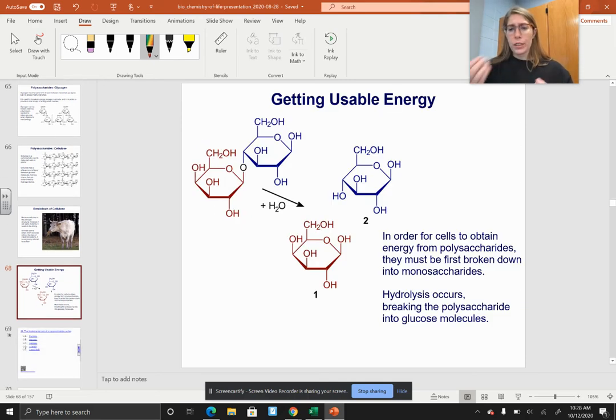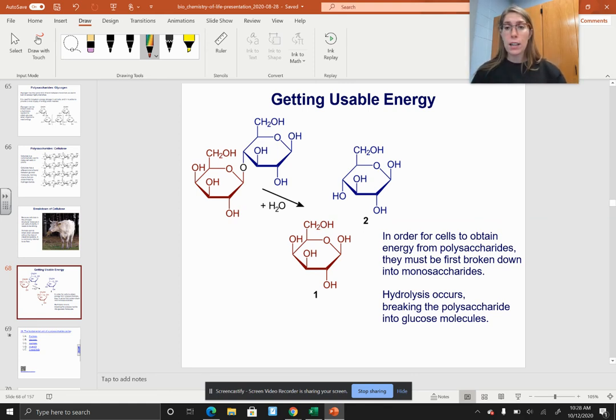In order for cells to obtain energy from these polysaccharides, they have to be broken down into monosaccharides. You cannot eat a whole big leafy salad with all the vegetables and maybe some fruit thrown in there for fun and then expect your cells to be like, "Oh, lettuce, hey bud, what's up? I'm gonna use you," right? No, they have to be broken down.